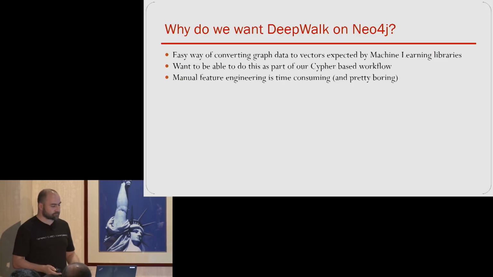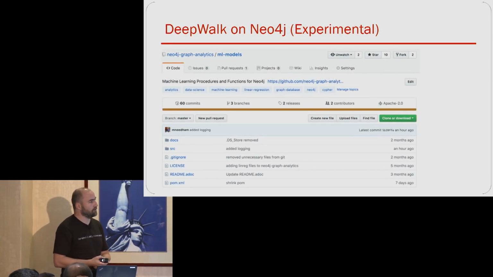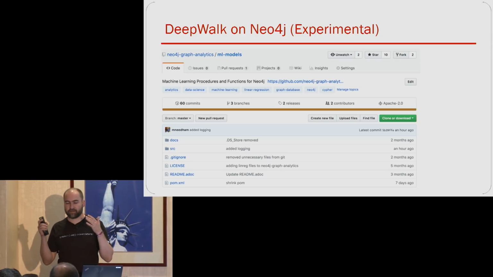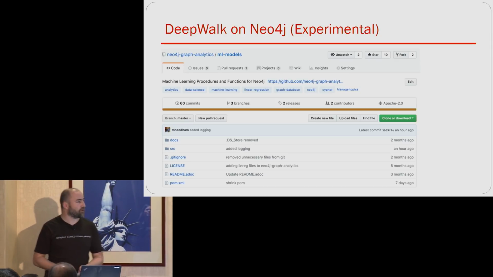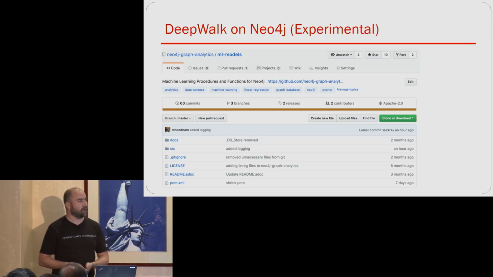So what we did is we built a Neo4j user-defined procedure that takes your graph data, runs DeepWalk on it, and then returns or stores embeddings or feature vectors on each of the nodes of your graph.